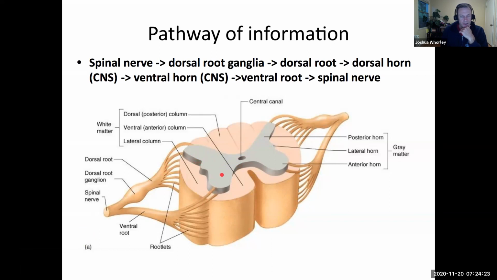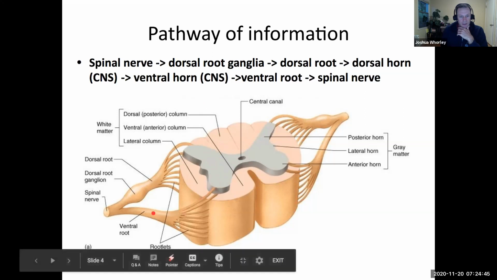And then here we have, somewhere in here, these sensory neurons synapsing with other neurons and sharing information. Maybe they take it to the brain. Maybe they communicate with motor neurons down here in the ventral region. And then we have those motor neuron cell bodies right here, and then axons going out this ventral root off to join the spinal nerve.